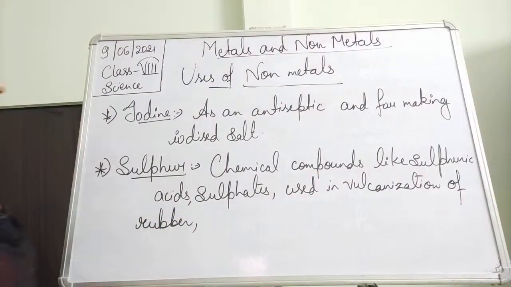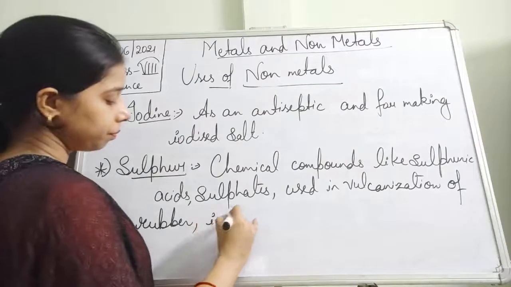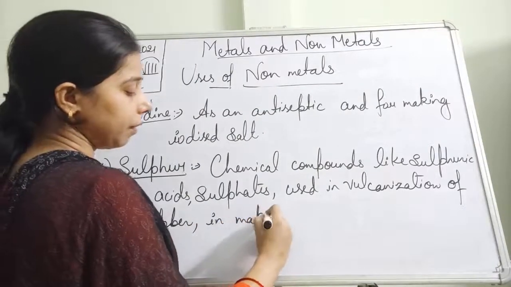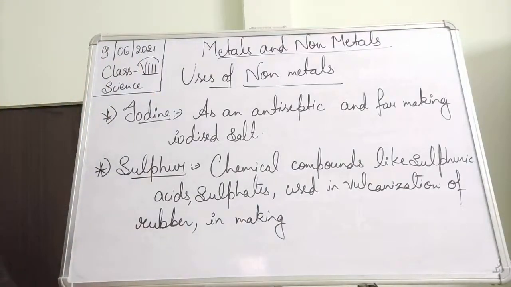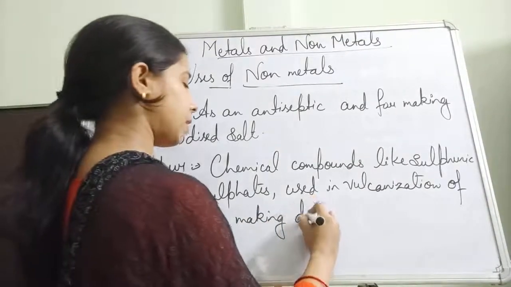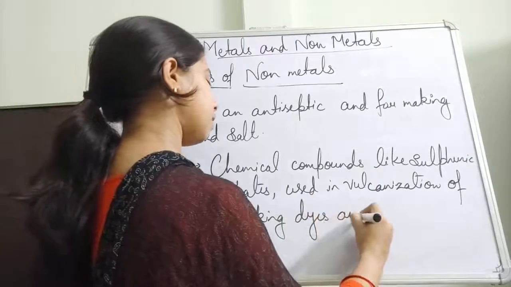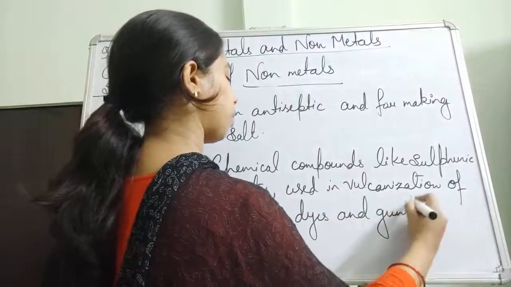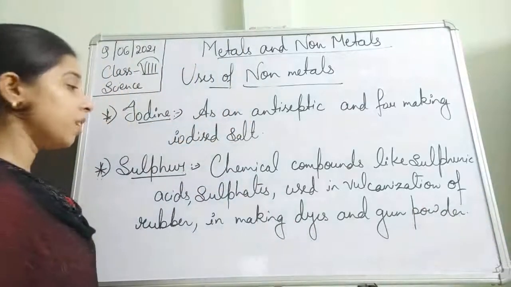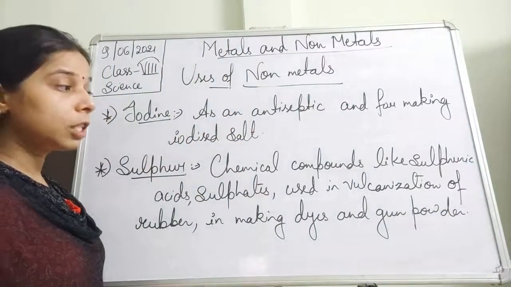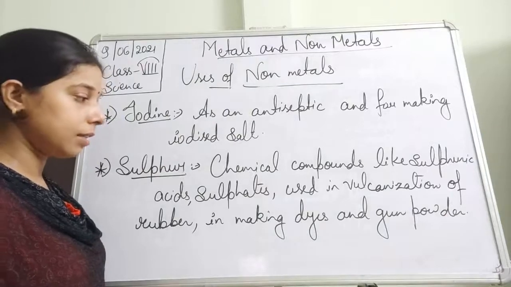Also used in making dyes and gunpowder. So chemicals which is made up of the sulfur is sulfuric acid.